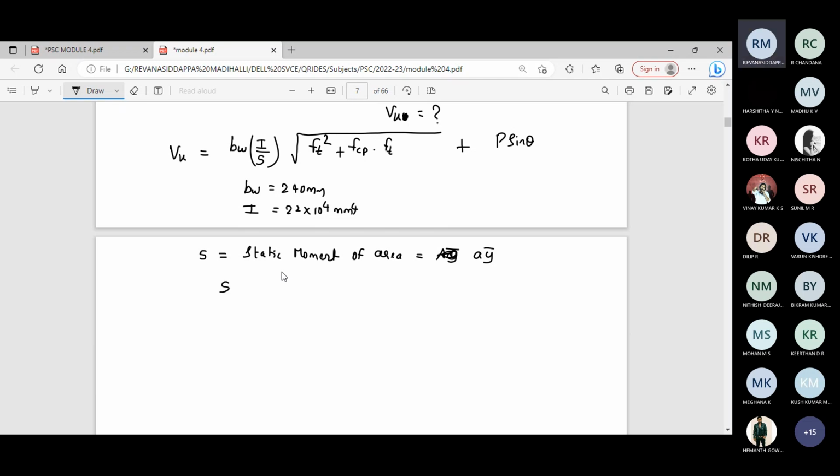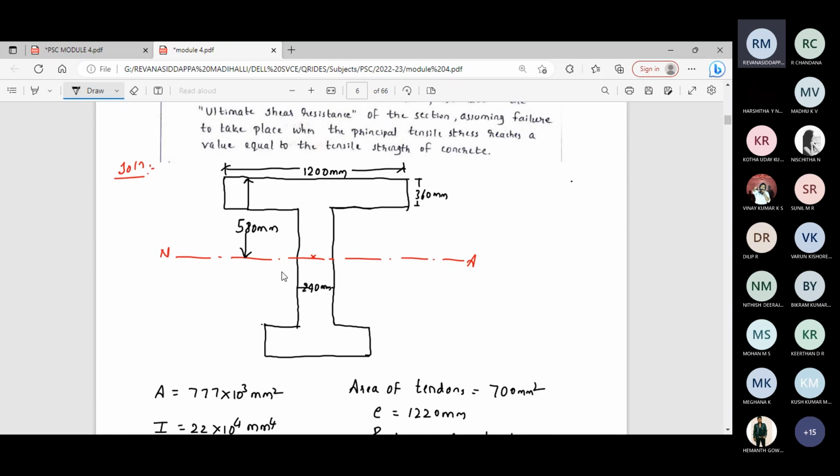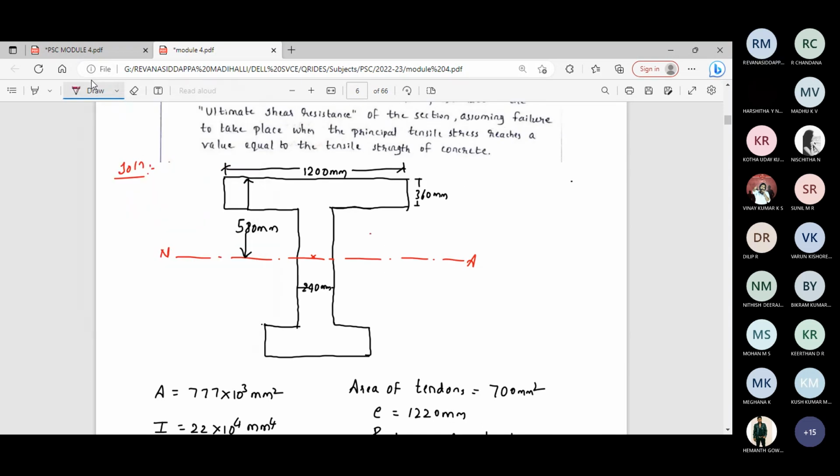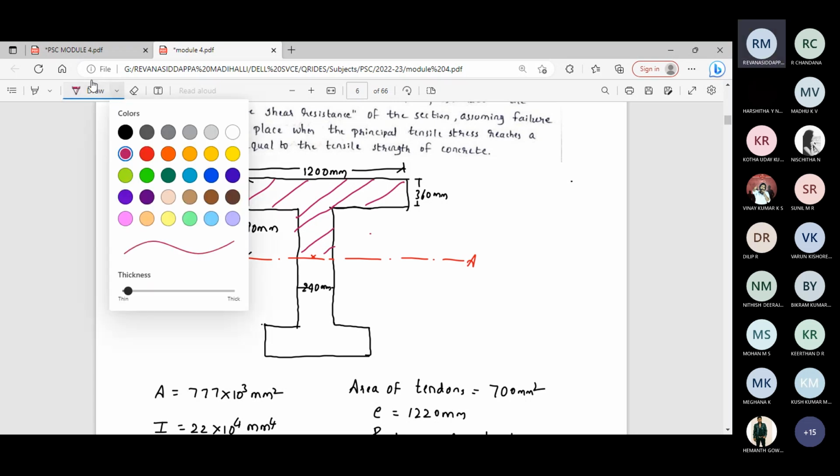So S is equal to the static moment of area of the shaded portion above the neutral axis. You need to find the moment of this whole area about the neutral axis. Now divide this shaded portion into two rectangles.